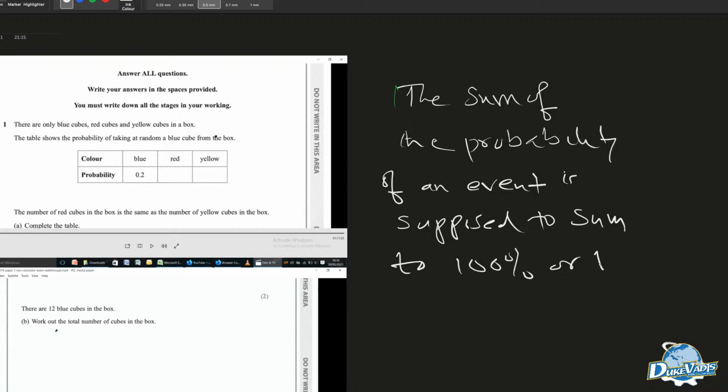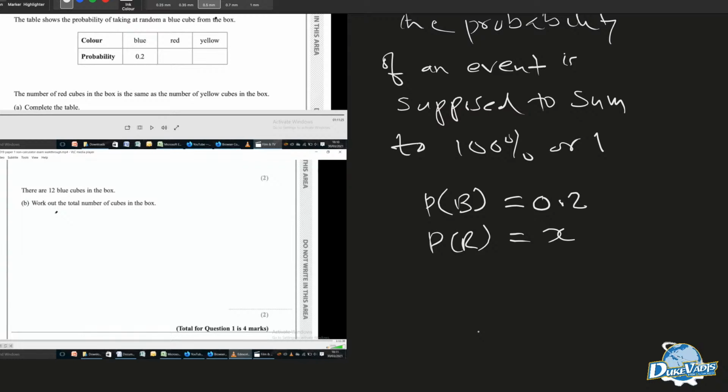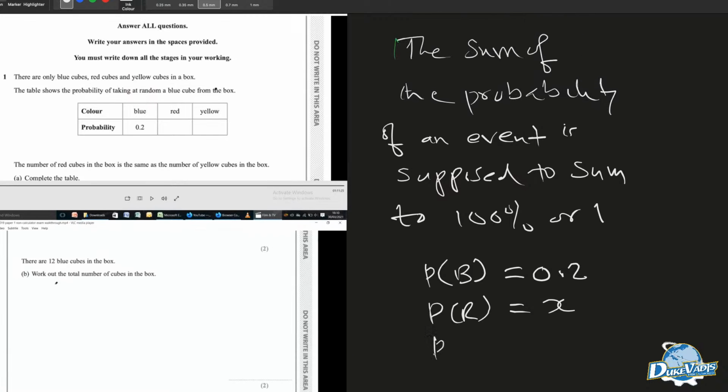The probability of blue, as you can see from the table, is 0.2. We don't know the probability of selecting red, so let's call it x. The yellow, let's call it x as well, because we don't know what they are.